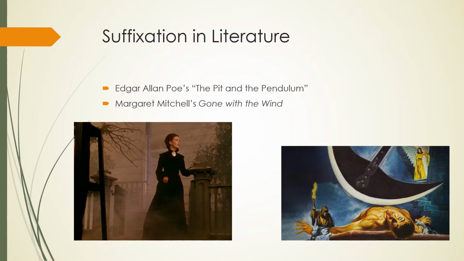In literature, suffixation is used by authors to create a particular effect. For instance, while opening his narrative The Pit and the Pendulum, Edgar Allan Poe describes the scene in which his character was put to trial.